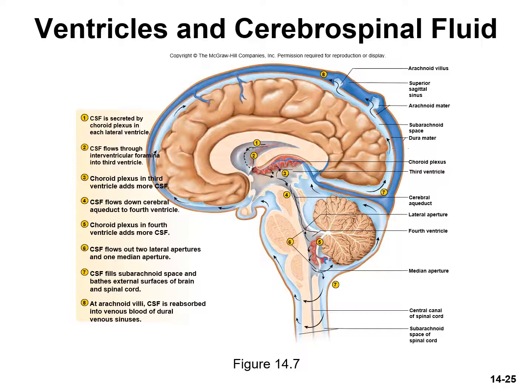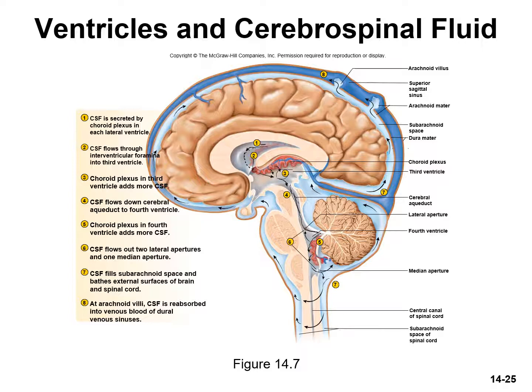Your fourth ventricle, again, is just this little kind of triangular area between your brainstem and your cerebellum. Number 5, your choroid plexus within the fourth ventricle adds still more cerebrospinal fluid. And then number 6, we have the CSF flowing out the two lateral apertures and one median aperture.